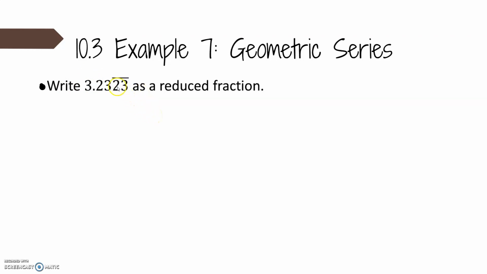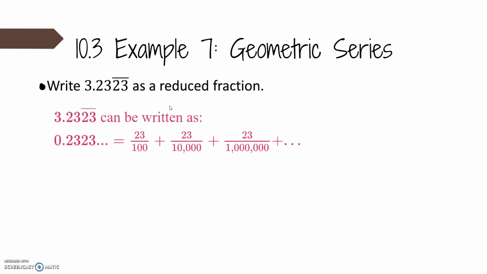Notice the bar covers 2, 3, not 3, 2, so that first 3 is not actually part of it. Again, we rewrite just the decimal part as a repeating numerical pattern. The first pair, the first combo 2, 3, is 23 over 100.